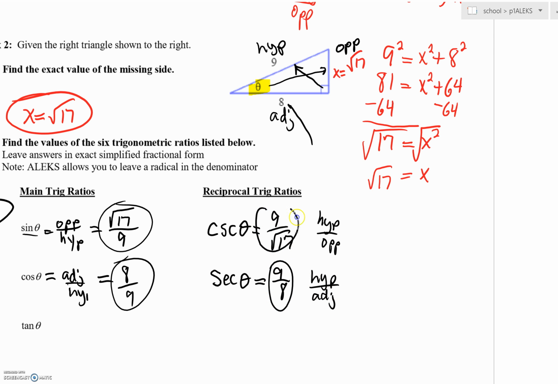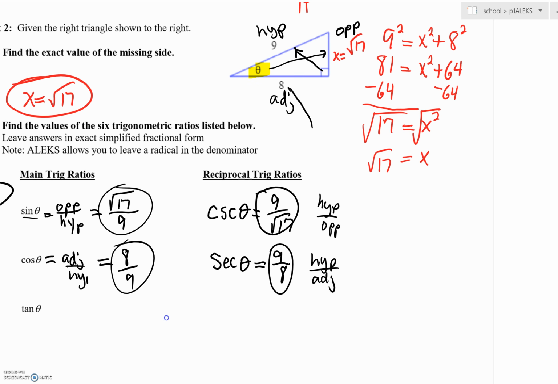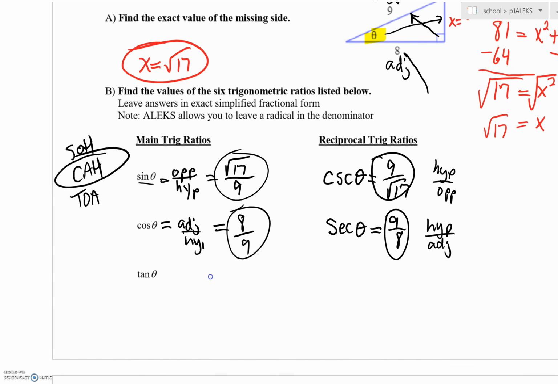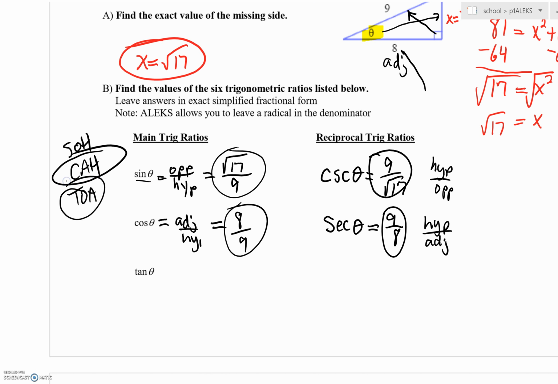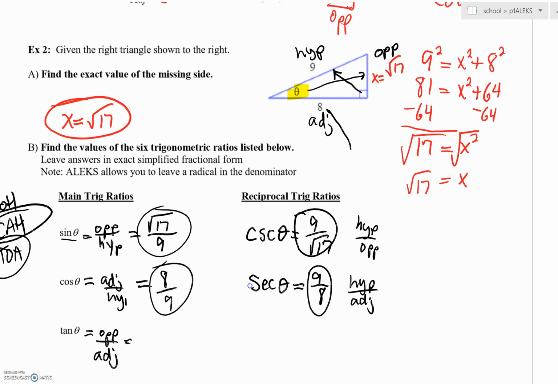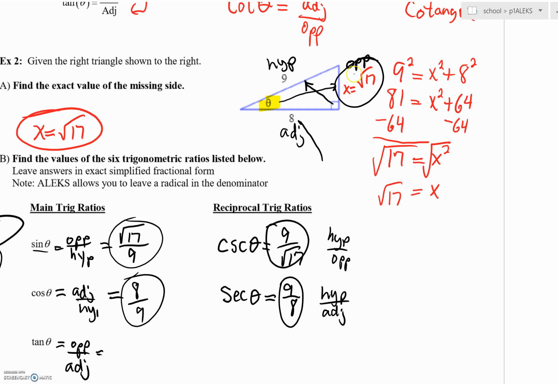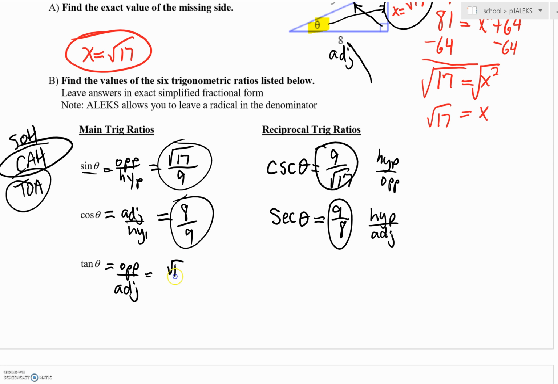So we've got 2 more trig functions we've got to deal with. For tangent, let's bring back SOHCAHTOA for a second. Tangent is always opposite over adjacent. And as you look here, your opposite is radical 17. Your adjacent, we just saw, was 8.